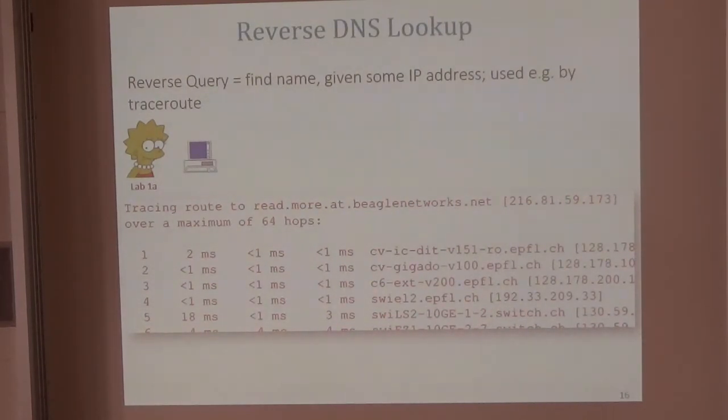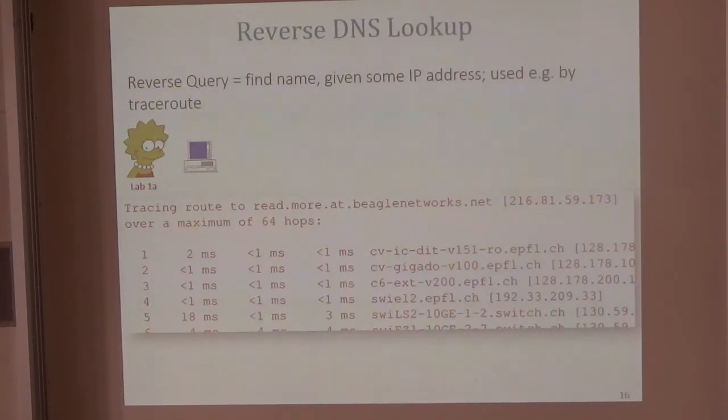In one of the labs, we did what is called a reverse-DNS lookup. That's very useful when you're trying to debug something. For example, when we do traceroute, that was in lab 0. When you traceroute something, traceroute will print the IP addresses if you specify the numerical flag switch in the command.